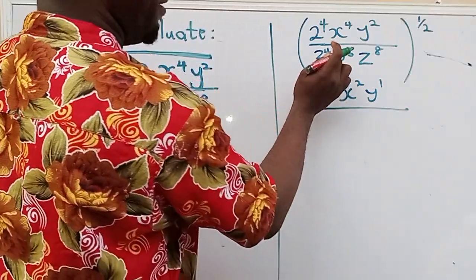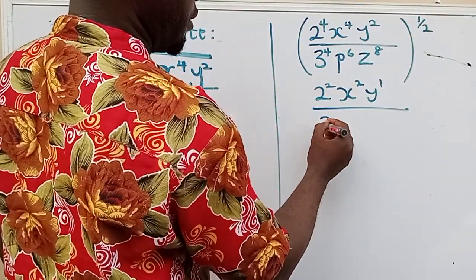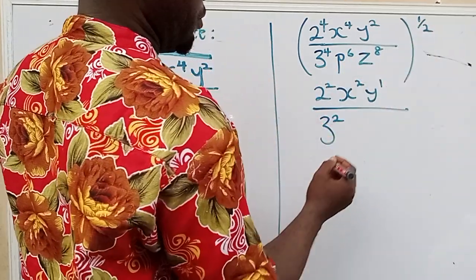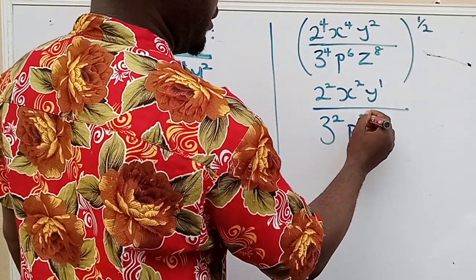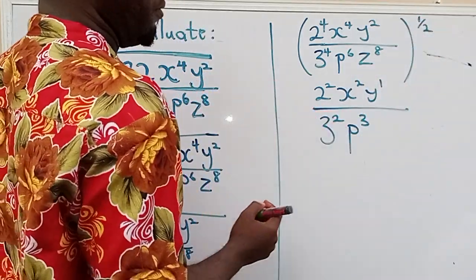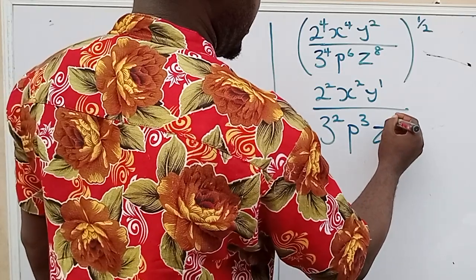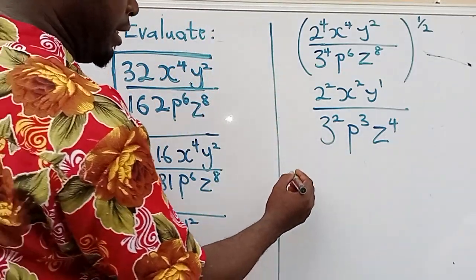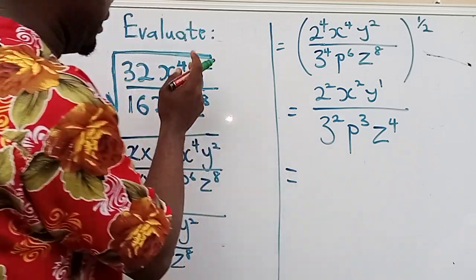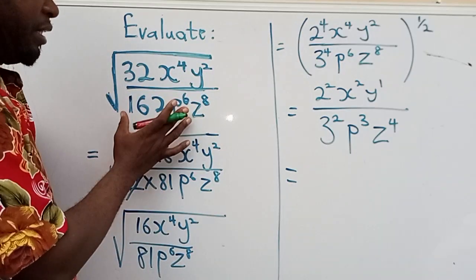Now, the power of 4 multiplied by 1 over 2 is going to give me 3 raised to power 2. The power of 6 multiplied by the power of 1 over 2 is going to give me p raised to power 3. The power of 8 multiplied by the power of 1 over 2 is going to give me z raised to power 4.